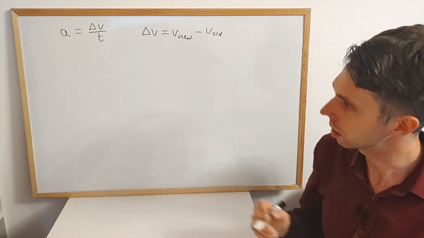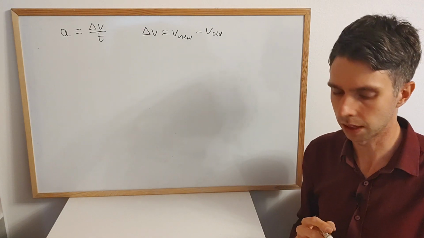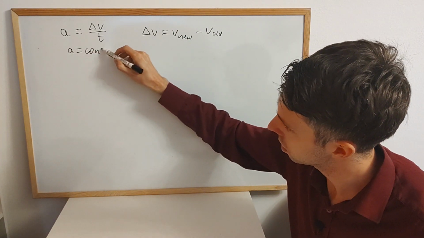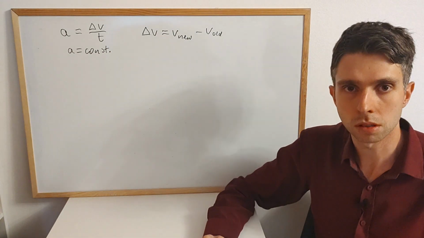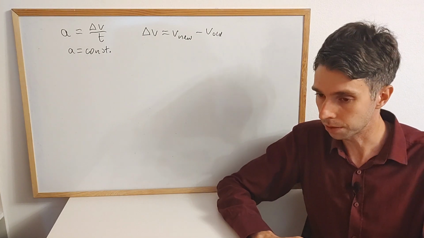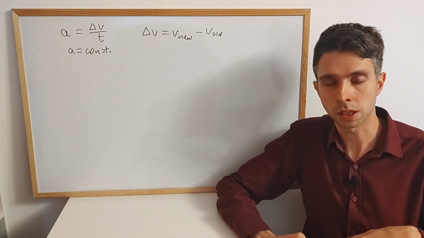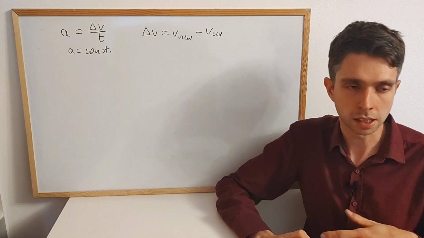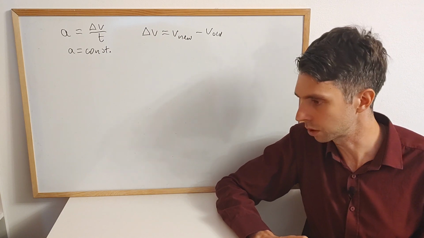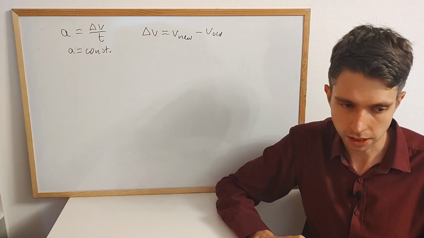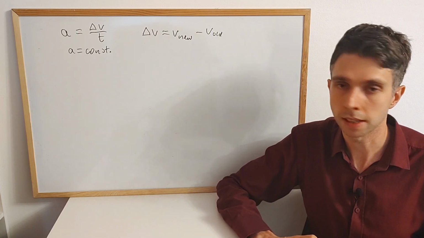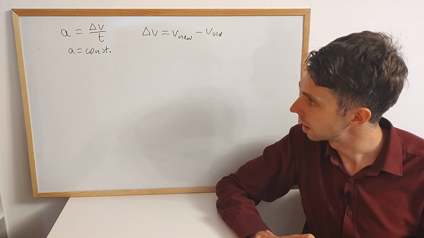And we focus on uniformly accelerated motion, which means that acceleration is constant, which is not always the case. And often, for example, you can quickly accelerate from 0 to 20 or 40 kilometers per hour if you are driving a car, or maybe a little less if you are driving a bicycle or electric scooter.